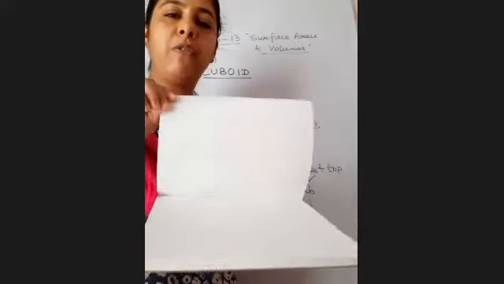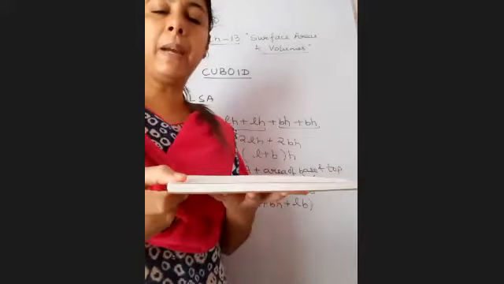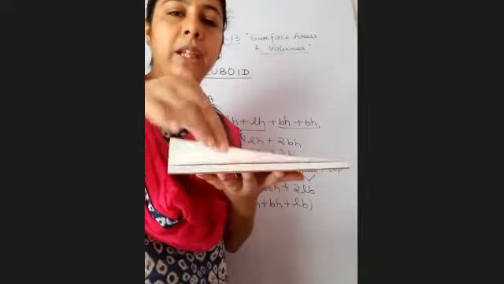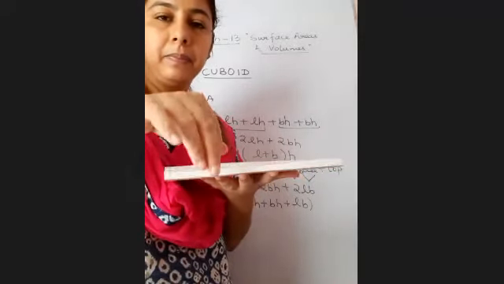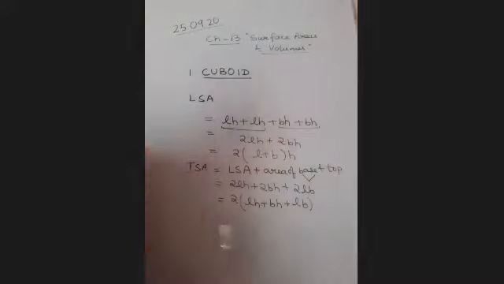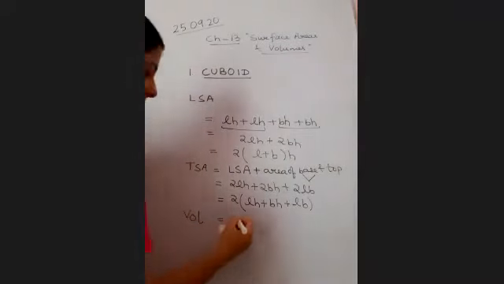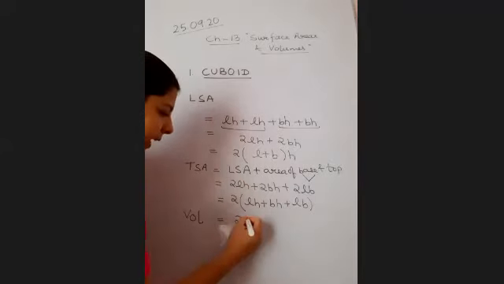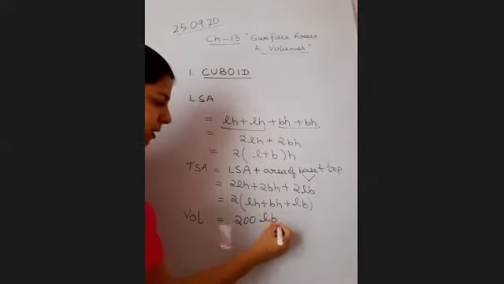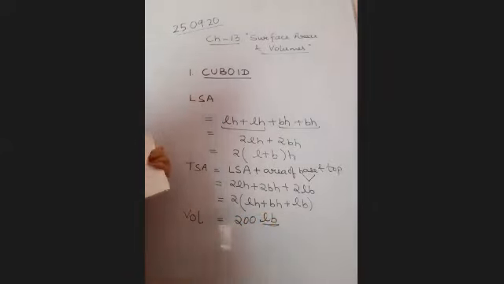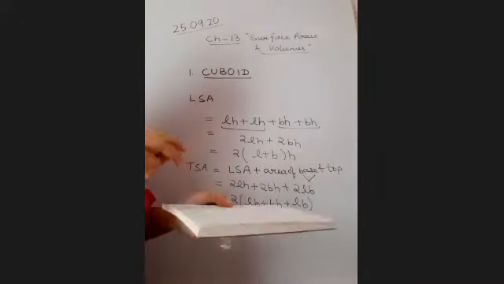From this rectangular sheet, it became a cuboid because it gained height. The area was 200LB because LB was the area of one sheet and we multiplied it by 200 because 200 sheets were there.